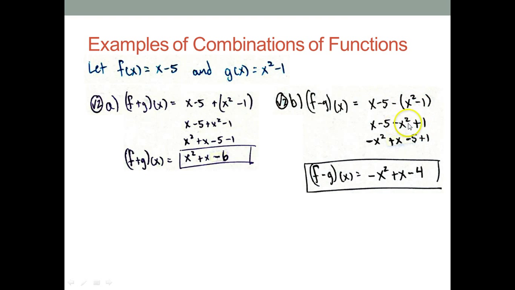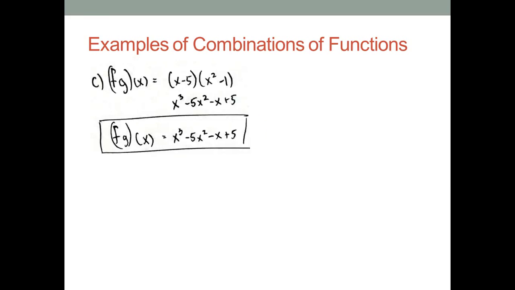So that becomes negative x squared plus 1. It's changing the sign. So when I reorder those in descending powers of x, which is the proper way to write that function, f minus g of x is negative x squared plus x minus 4. Again, the most important thing here is to group when I'm adding and subtracting, especially subtracting.